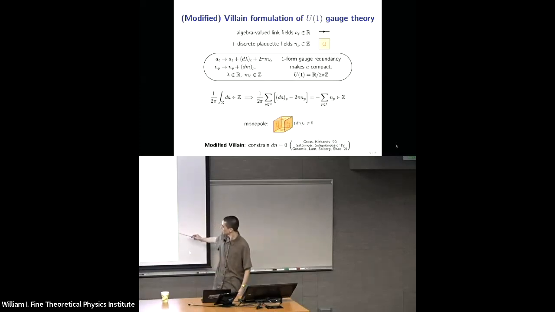The modified Villain formulation is just where we set dn to 0 for every cube. So we just eliminate monopoles completely from the theory. In one way or another, this modified Villain formulation was discovered either in the 90s or a few years ago.